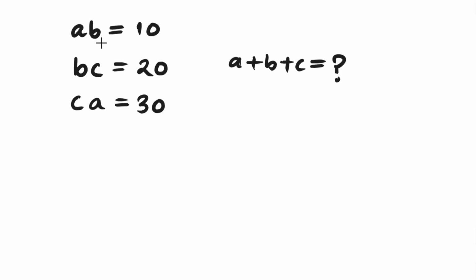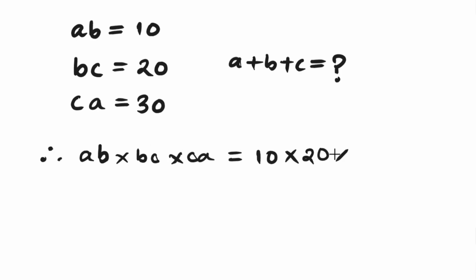Now, instead of solving for one variable immediately, notice that each equation contains the product of two variables. So a very useful idea is to multiply all three equations together. That gives us a multiplied by b multiplied by b multiplied by c multiplied by c multiplied by a equals 10 multiplied by 20 multiplied by 30.